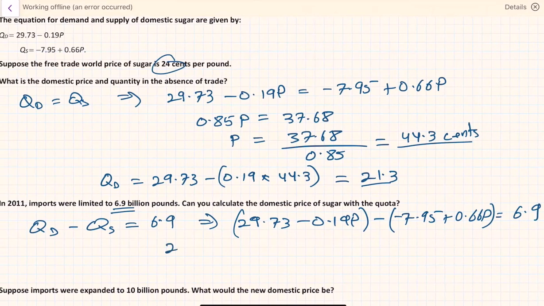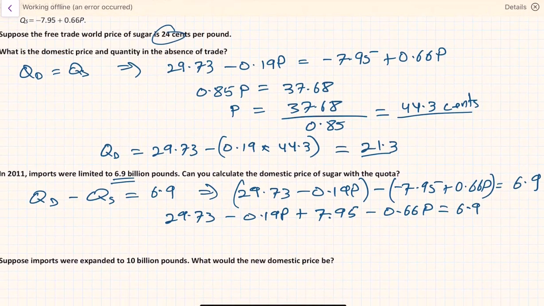So we can now open the parentheses. We get 29.73 minus 0.19p plus 7.95 minus 0.66p equals 6.9. And this equation can help us find the domestic price in the presence of import quotas.